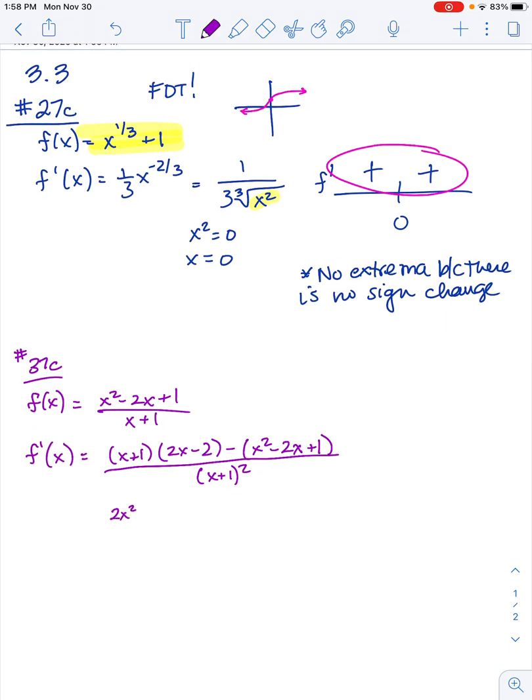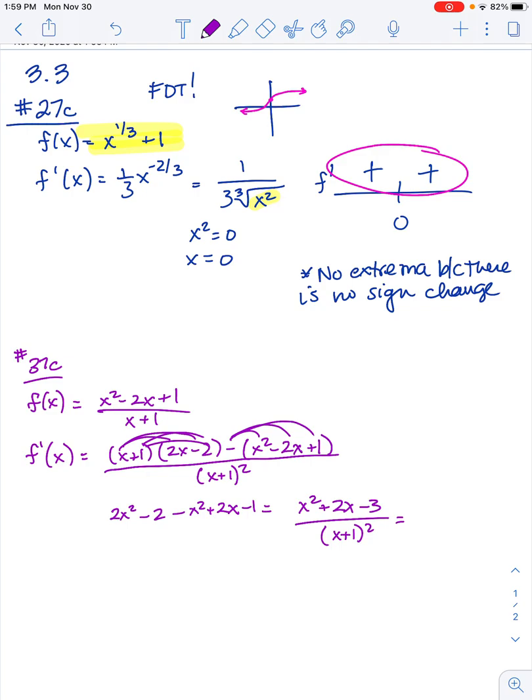So I've got 2x squared minus 2, I think, when I FOIL here. Hopefully that's correct. And then minus x squared plus 2x minus 1. I'm just distributing that minus sign to all of those. So this becomes x squared plus 2x minus 3 all over x plus 1 squared.